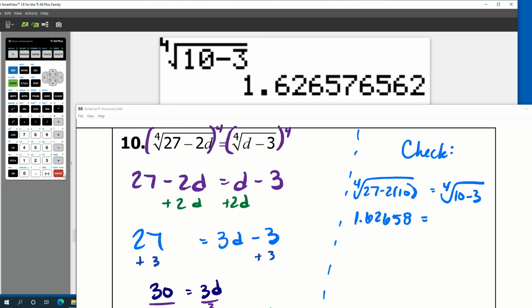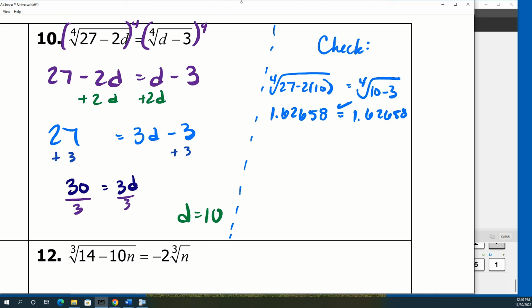So this one checks out. All right, so that means that 10 is the solution.